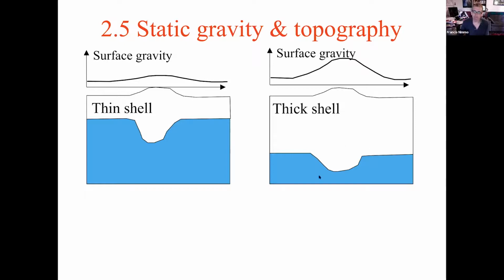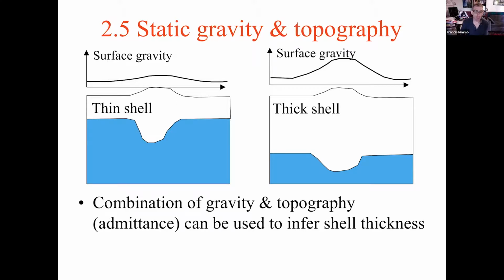But if you put your mass deficit much deeper, then attenuation means that you won't sense so much of it at the surface, and so you get a much larger surface gravity anomaly. So simply by measuring the topography and the gravity, you can get an estimate of how thick the shell is. Is it thick or is it thin?